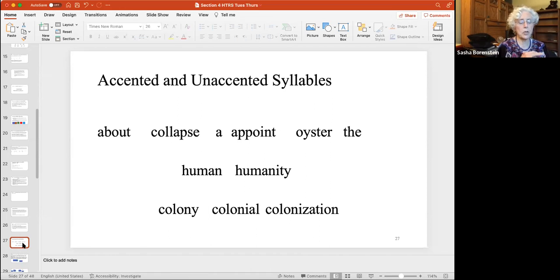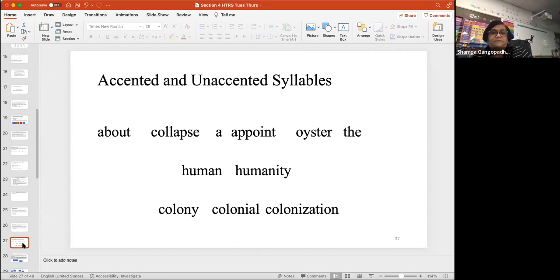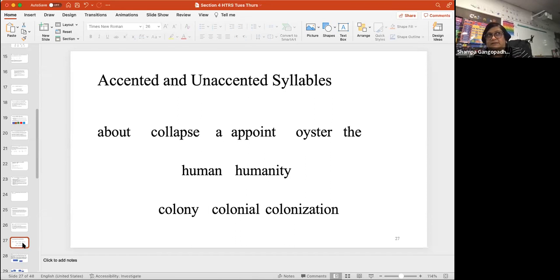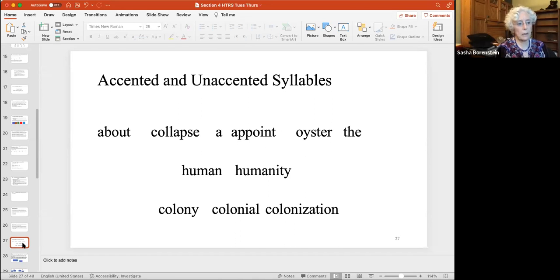So Shampa, do this one with me. Please. Sure. So in the word colony, which syllable is unaccented? First, second, or third? The first one is accented. Yes. Colony.